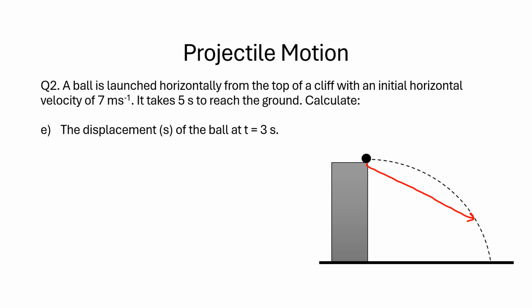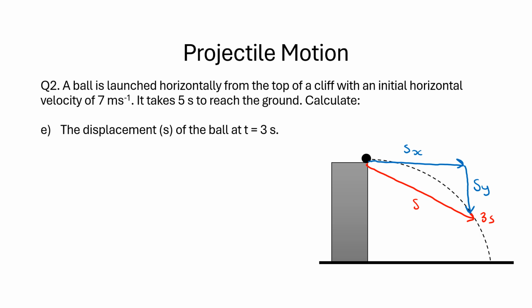So if this is 3 seconds, this would be your displacement S. To find S, we need to find the value of Sx, the x component of S, and then find the y component of S, which is Sy. Once we know Sx and Sy, then we can use Pythagoras theorem to determine the value of S.